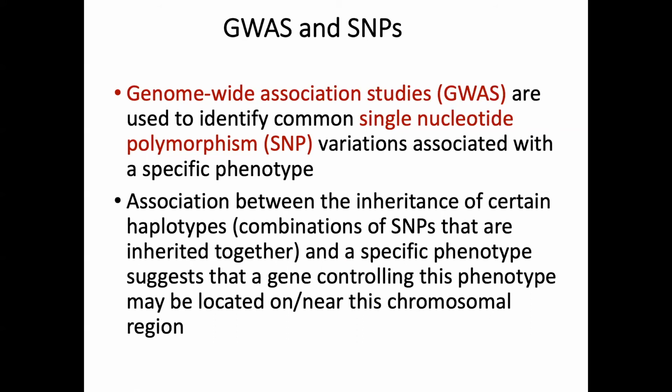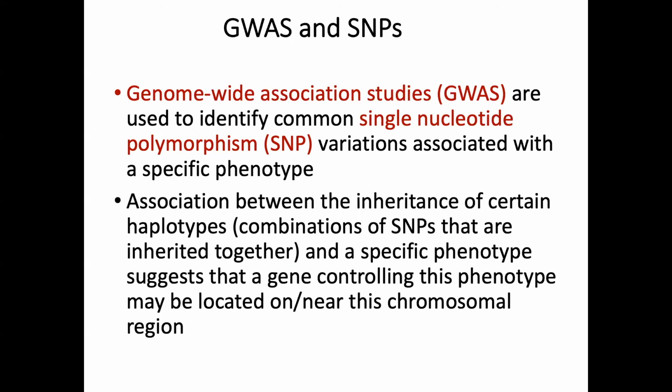For this type of study, you may recruit two groups of participants. One group may be obese people, and the other group may be normal people as the controls. Each person gives a sample of DNA from which millions of genetic variants are read using SNP arrays.